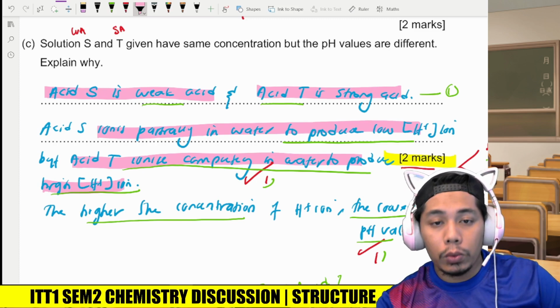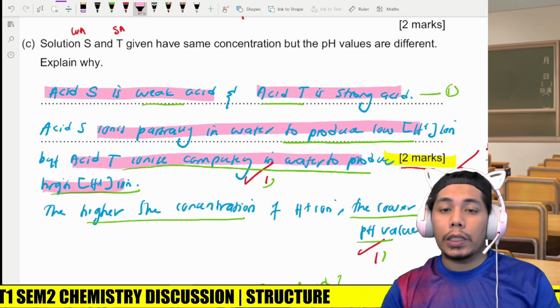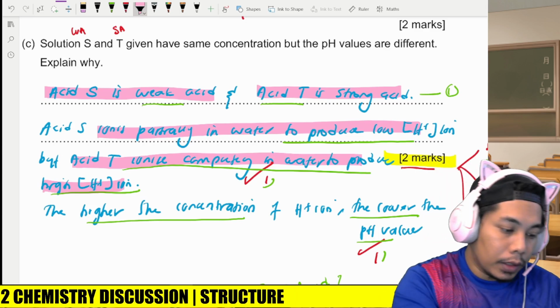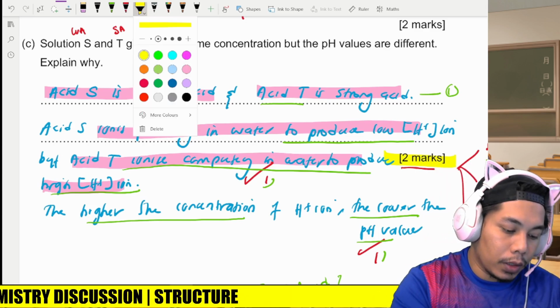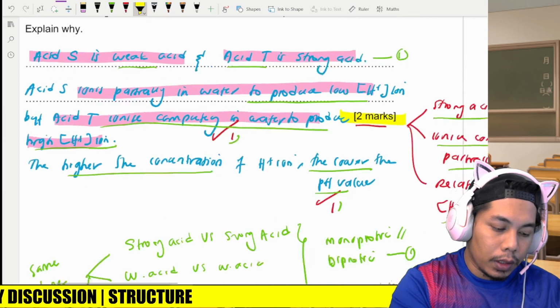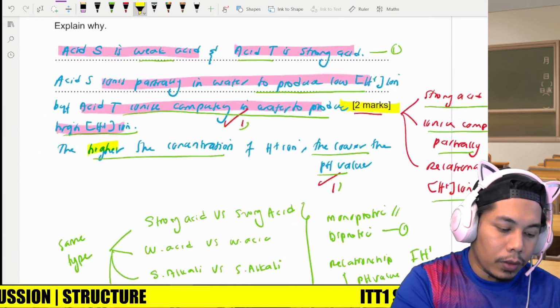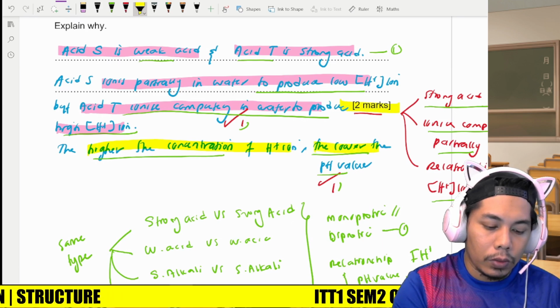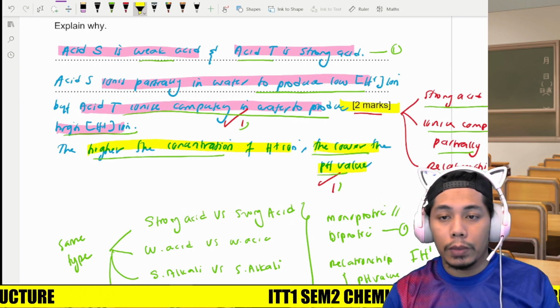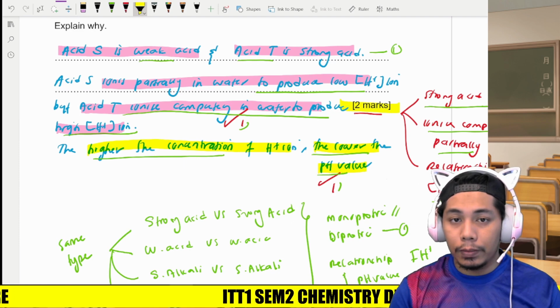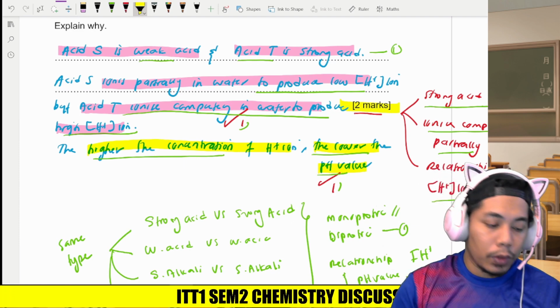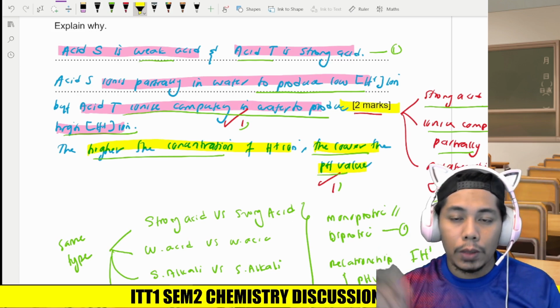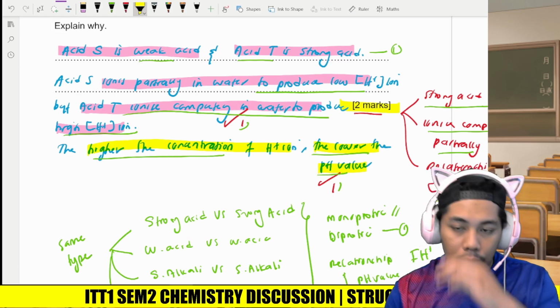Habis tu markah yang kedua apa? Markah yang kedua kamu kena tunjukkan relationship. Relationship yang mana? Yang nombor 3. Apa dia? The higher the concentration of hydrogen ion, the lower the pH value. Nampak tak? Mesti kena menunjukkan relationship. Okay. So walaupun dekat yang saya highlight dengan colour pink tu nampak macam ada dua markah, tapi sebenarnya satu markah.